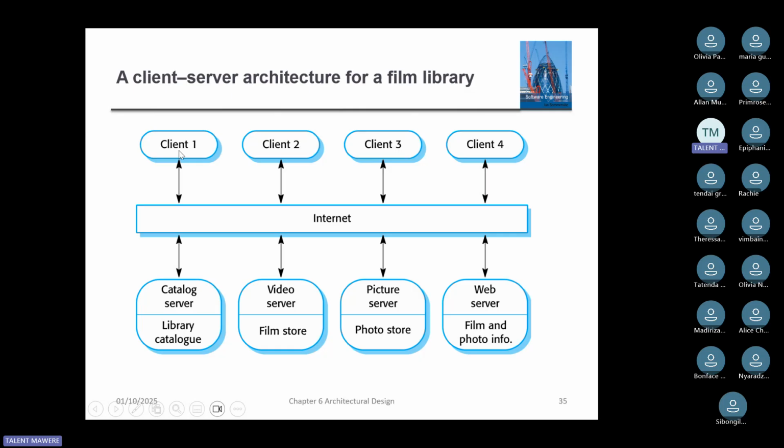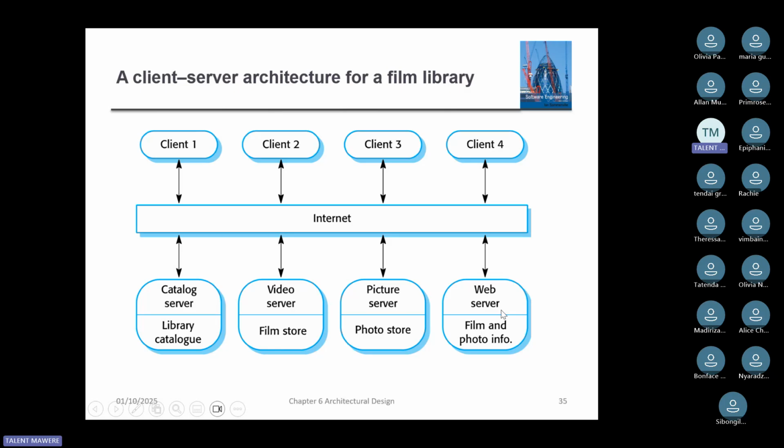But to the client, you can't tell that the services are scattered across the different servers. The advantage of this structure is that if, for example, the catalog server is down, the clients can't access catalogs to see the movies that are on offer, but they can access some videos that are in this particular server.